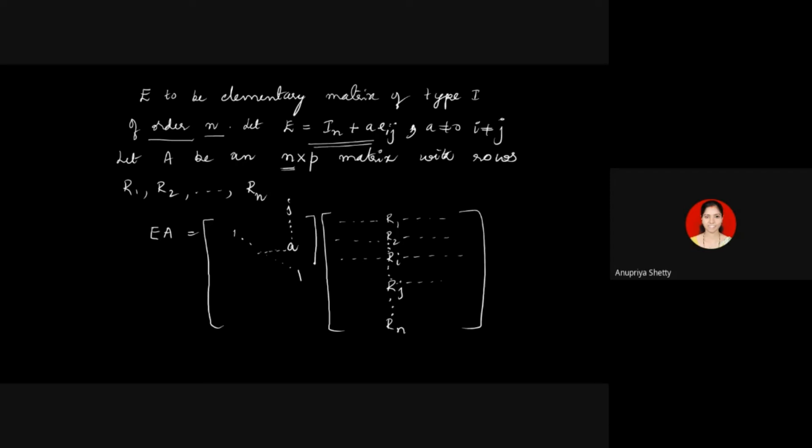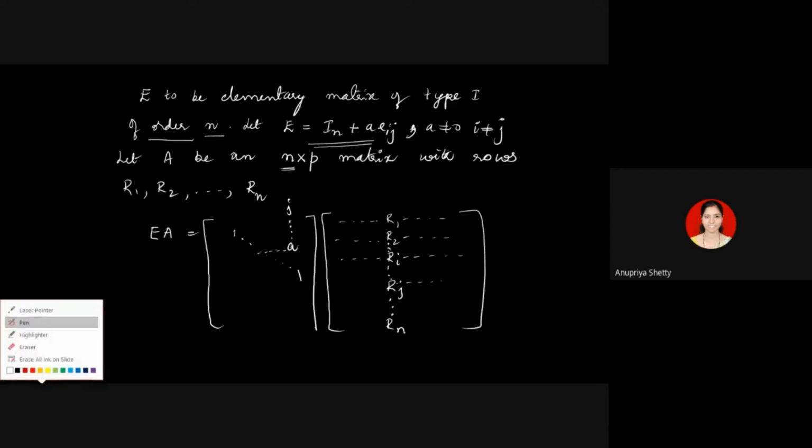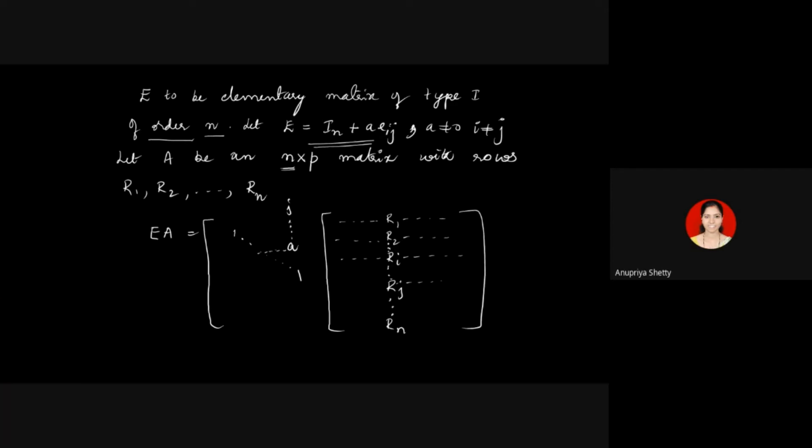E should be a square matrix, remember. So everything in the diagonal is 1, and in the ijth position there is A. This is an n by n matrix. This is an n by p matrix.